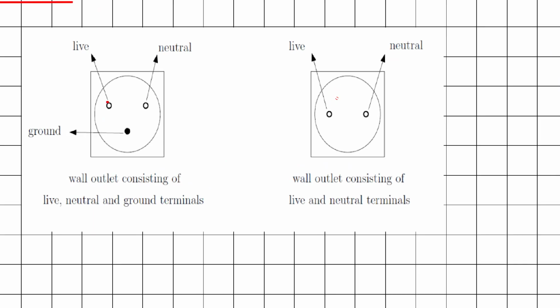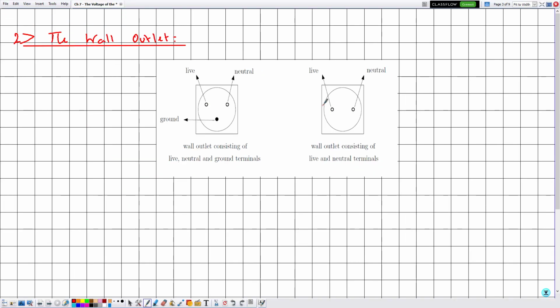The first one consists of 3 terminals, and the second one consists only of 2 terminals. In the case of the 3 terminals, one of these terminals is the live, the second one is the neutral, and the third one is the ground. As for the other kind of outlet, it consists of 2 terminals, in which one of them is the live and the other is the neutral. I suppose that we are familiar with both types of outlets.